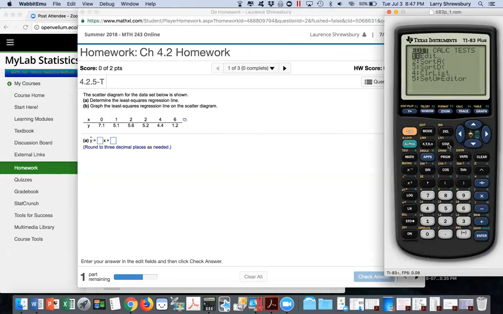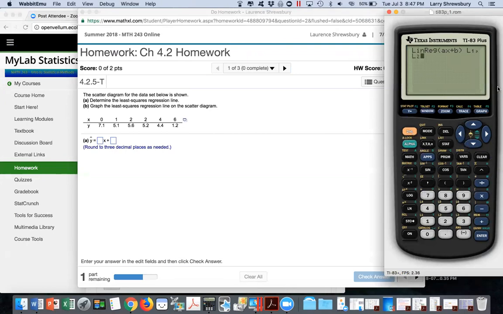So press the Stat key, go over to Calc, and choice number 4 for linear regression. Hit Enter. Now, we can tell it, okay, now where'd you put your X data? List 1, so press the second key and 1. Then the comma, which is right above the 7 key. Then our Y data is in list 2, so I press second and 2.